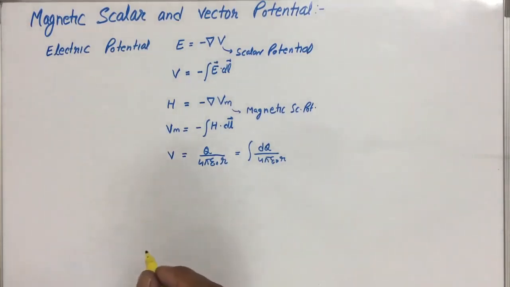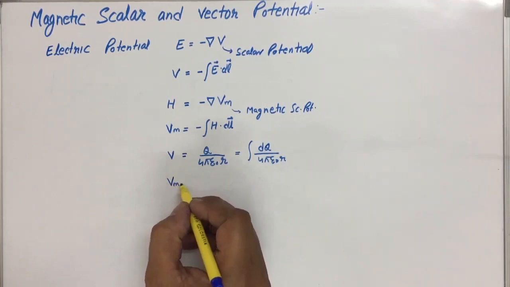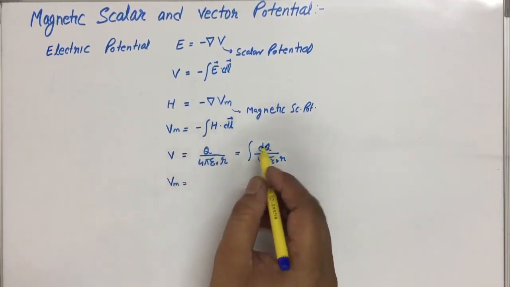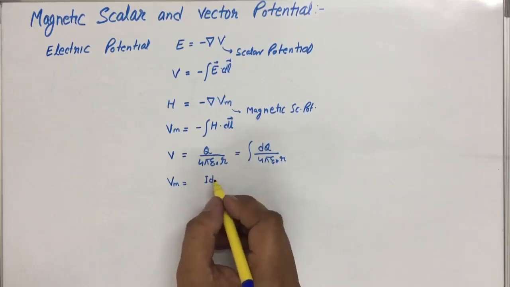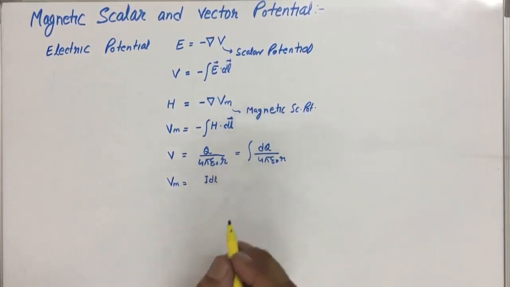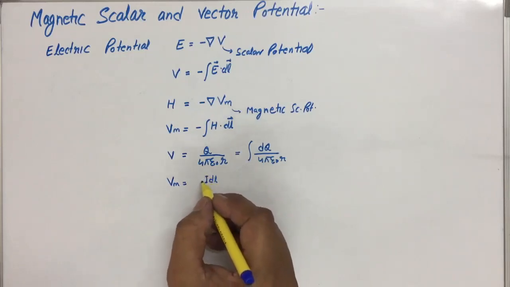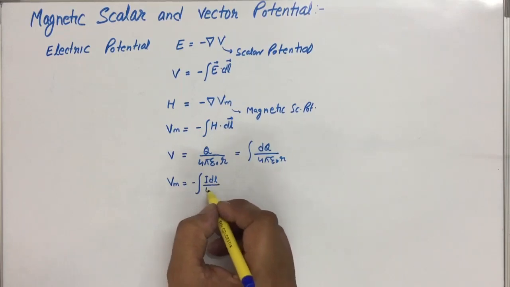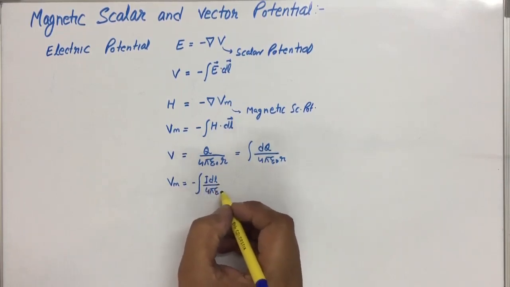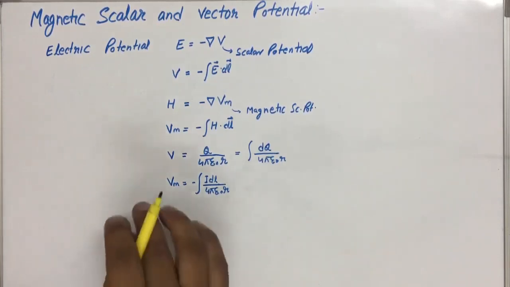Similarly, in magnetic scalar potential, we have Vm. In place of charge, we have the current, so it will be I dl over 4 pi r. This will be the magnetic scalar potential.